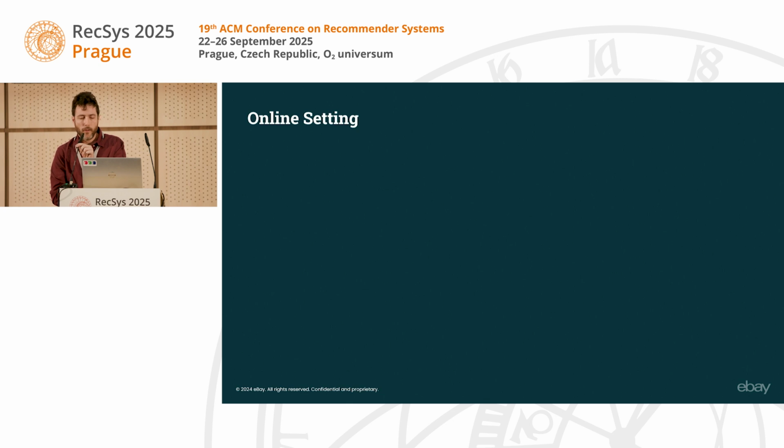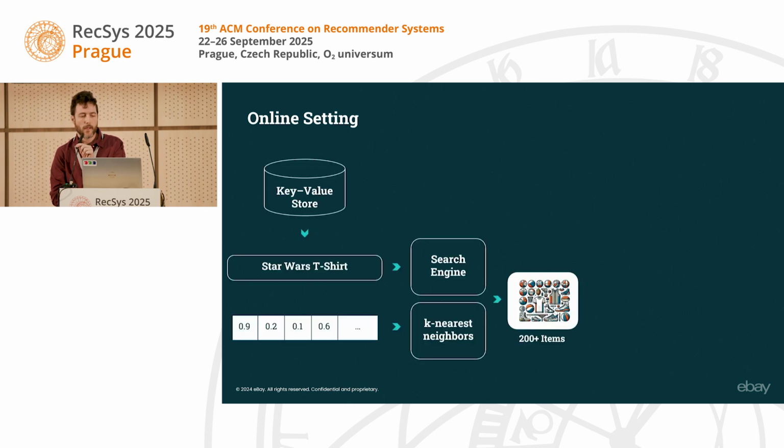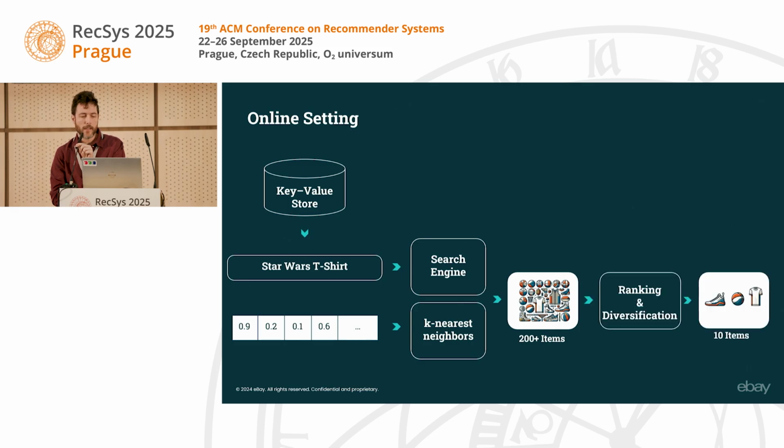For item retrieval, we use the raw string query expansions via eBay's search engine to retrieve matching items, and also the embeddings using a k-nearest neighbors service. And then the recalled items, typically in the hundreds, are ranked by a deep learning model.